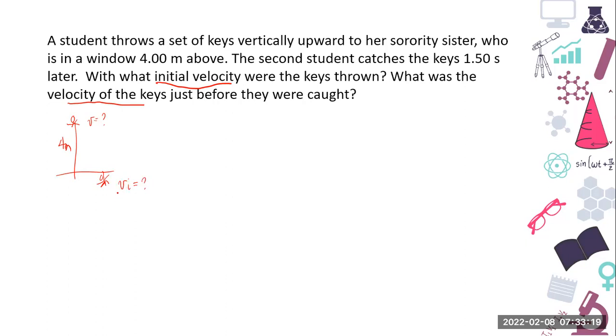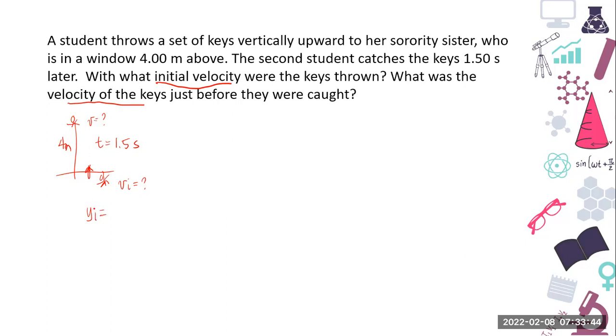That will be the throwing velocity of the keys. Those keys are thrown vertically upward. And that whole catching will happen in 1.5 seconds. You may or may not illustrate the problem, but if it helps you to illustrate it prior to solving it, then do so. Okay, let's get the givens.